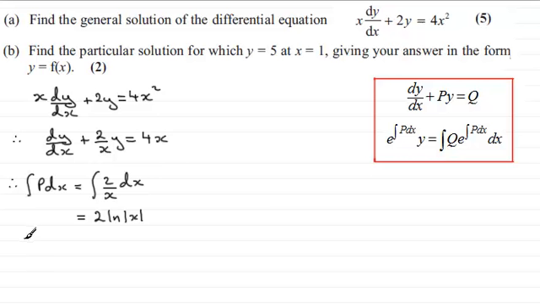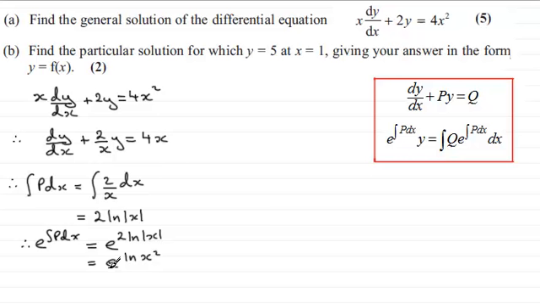And that means that therefore e to the integral of P dx will be equal to e to the power 2 natural log of the mod of x. Now I can take the 2 up as a power of x, so this becomes e to the power natural log of x squared.